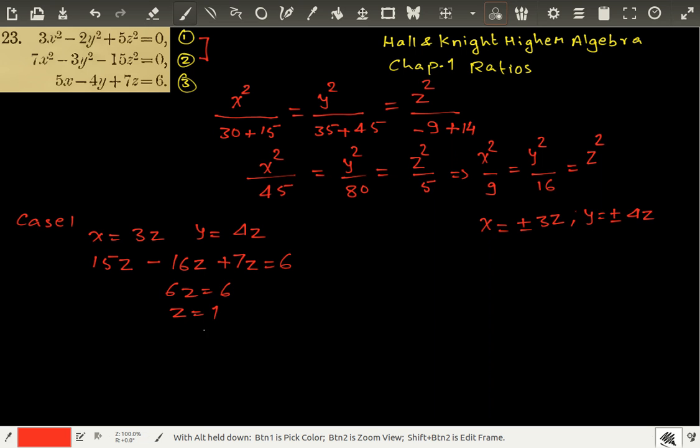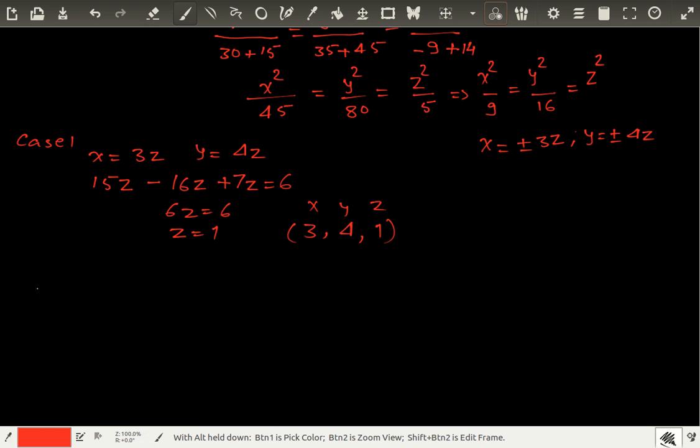So for case 1, the solution is x is equal to 3z, y is equal to 4z, and z is equal to 1. So this is x, this is y, this is z. Okay. Now for case number 2, case 2 is x is equal to 3z, y is equal to minus 4z.